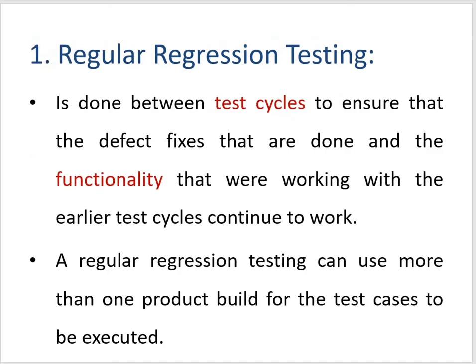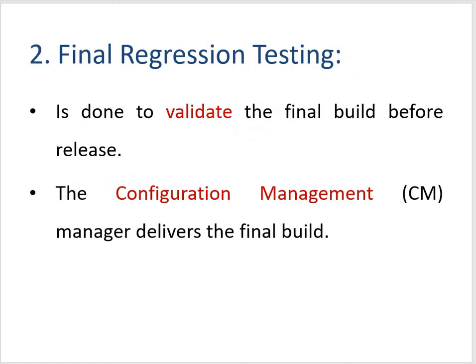Regular regression testing is done between the test cycles to ensure that the defect fixes that are done and the functionalities that were working in the earlier test cycle continue to work. It can use more than one product build for the test cases to be executed, because every build will have something in common, so we can go ahead with reusability.